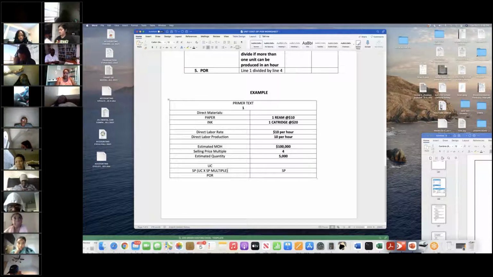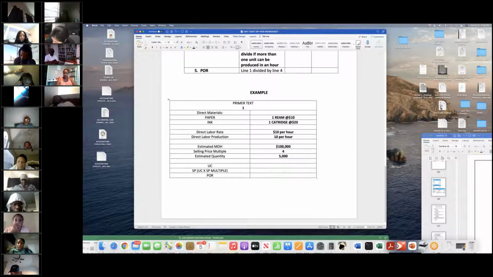And then fill in my UC, selling price, and POR based on this information. Can y'all do it? Did I teach any better today? Well, the proof will be in how these 28 people perform.